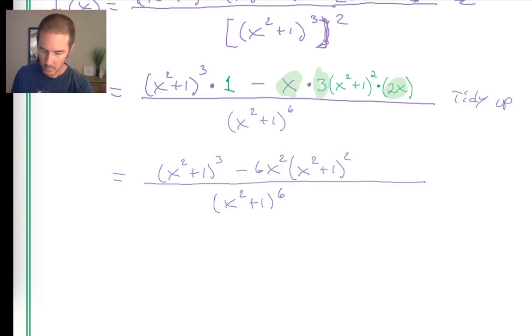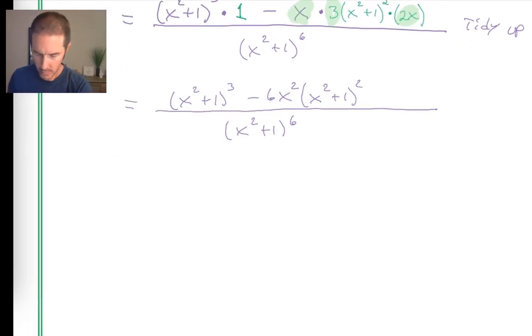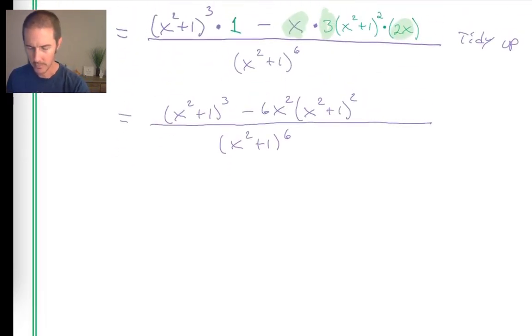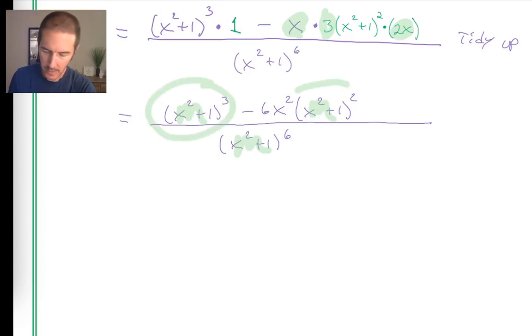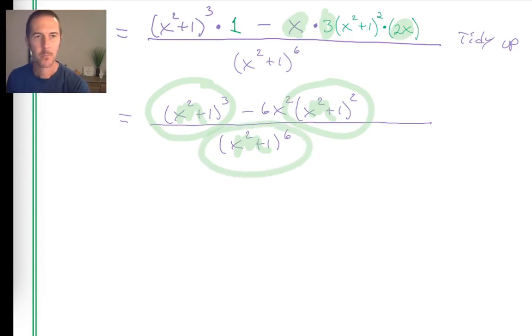Now, how much space do I have? I've got some space. I want you to envision that x squared plus 1 is actually an m, and an m, and an m. So what we have in the numerator is an m to the 3rd, and an m squared, and down here we've got an m to the 6th.